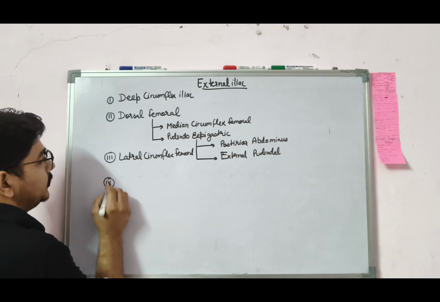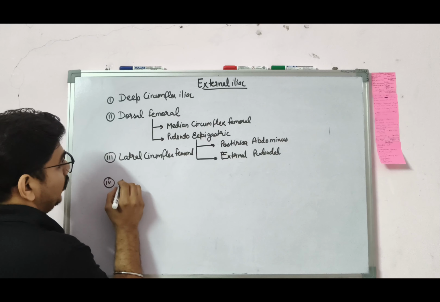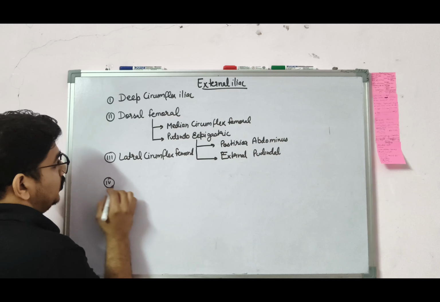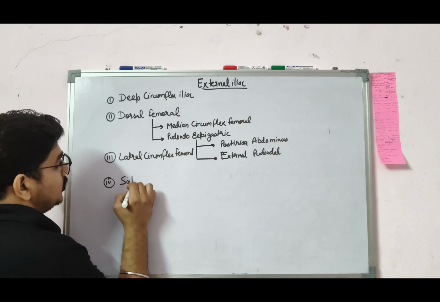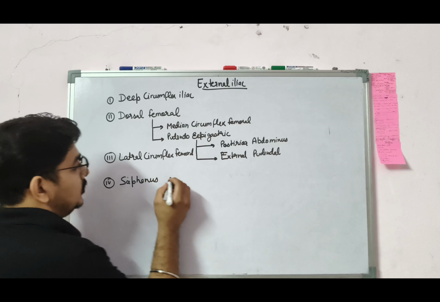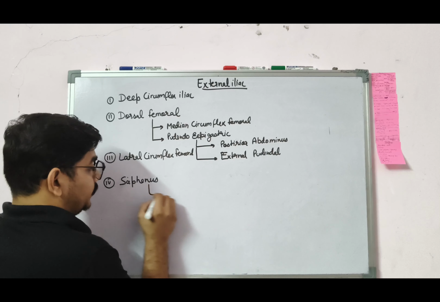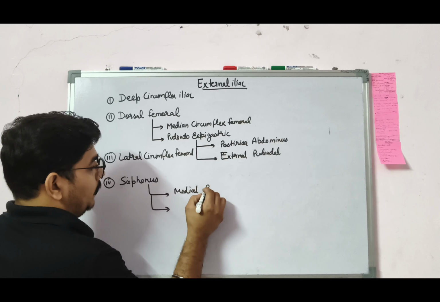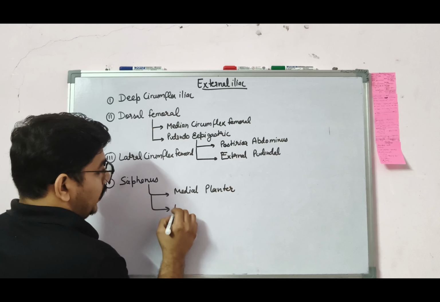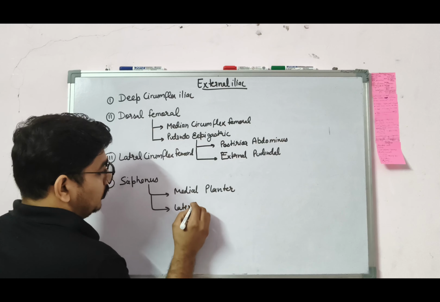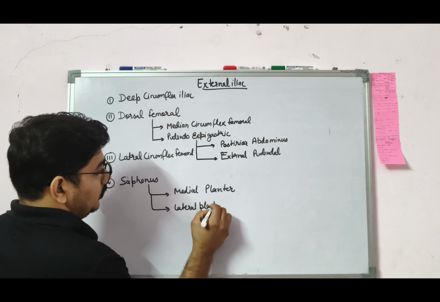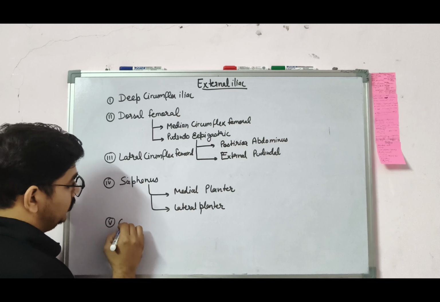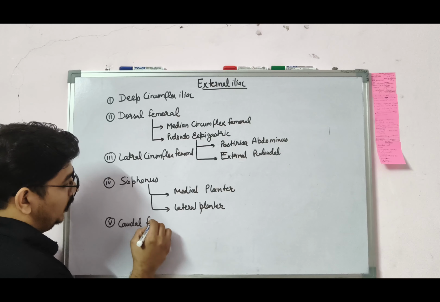The fourth branch is saphenous, which gives two branches, medial plantar and lateral plantar. Then the fifth branch is caudal femoral.